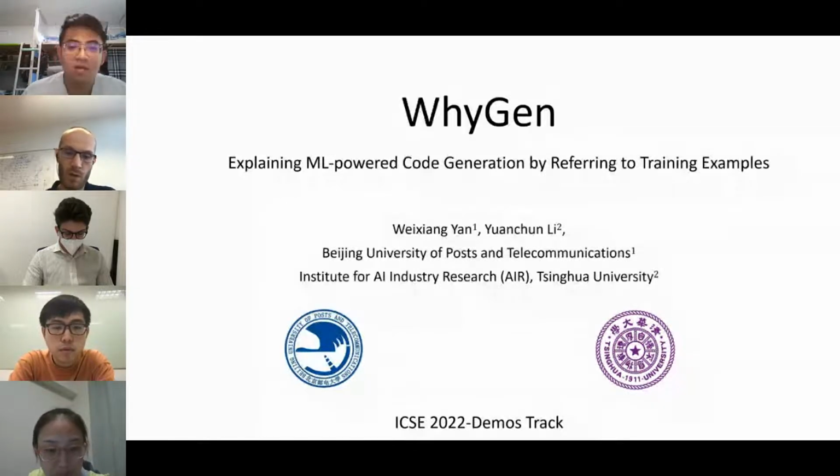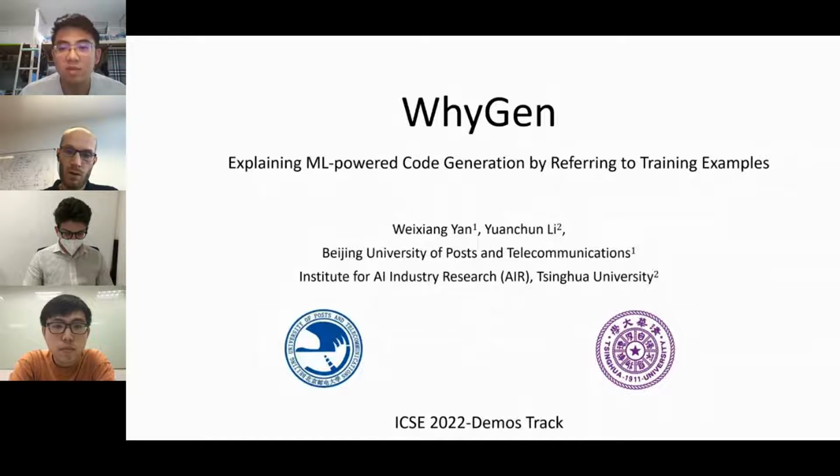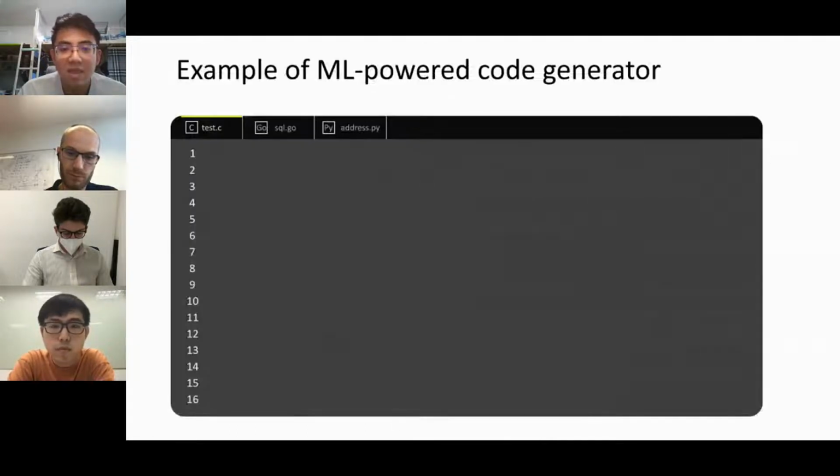Okay. Hello, I'm very happy to do this presentation. I'm Weixiang Yan. I'm glad to introduce YGen, a tool to explain deep neural network model generated code by referring to the training examples. Let's take a look at machine learning powered code generators, that is Copilot, launched by GitHub not long ago, and run an interesting test on it.